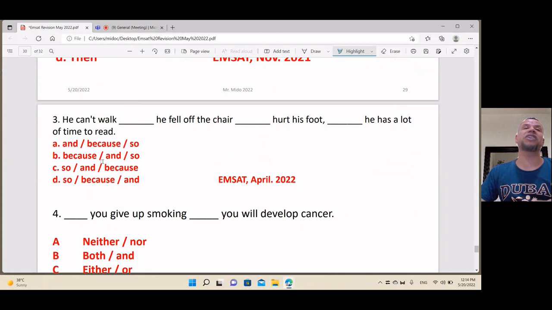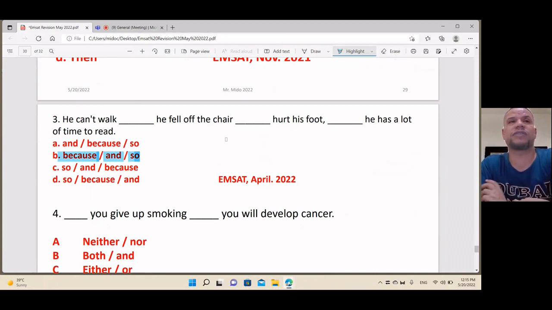Or he can't walk because he fell off the chair and hurt his foot. So he has a lot of time to read. So this construction is better. So he can't walk because he fell off the chair and hurt his foot. So he has a lot of time to read.